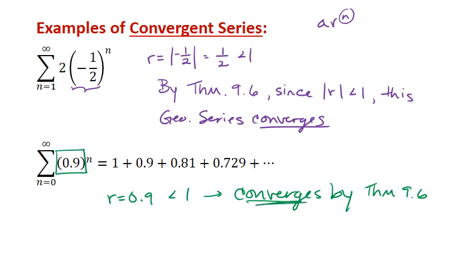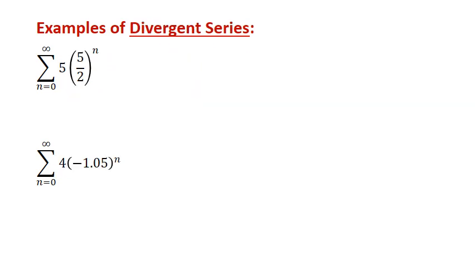Okay, but let's look at some examples of divergent series. So they're geometric series, but they are divergent instead of convergent. Okay, so here, take a look at this. Again, this takes the form of a times r to the n. And my base here is 5/2.